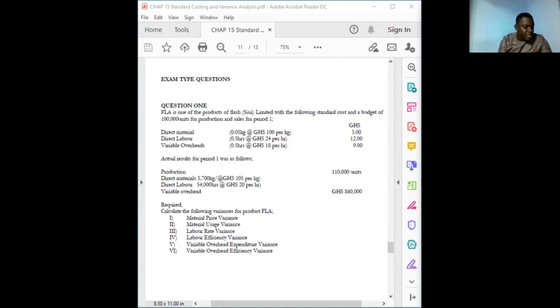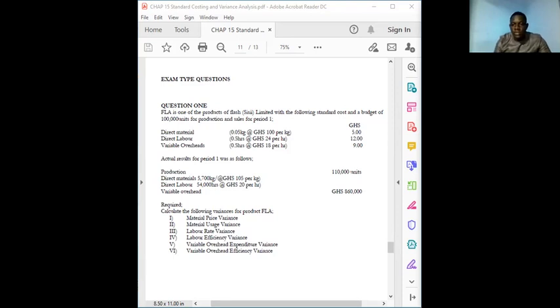So what will be our variance? Now 200 times 100, so that should be 20,000. Great. So we have 20,000 Ghana cedis adverse. Okay, good. So that's our material usage variance.